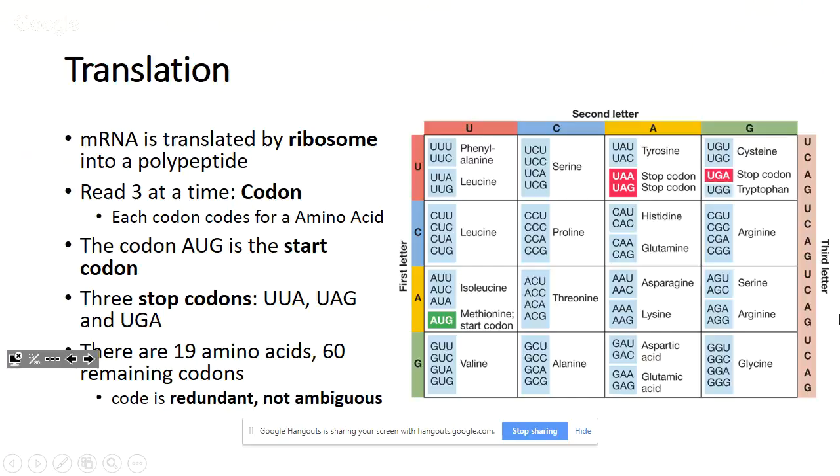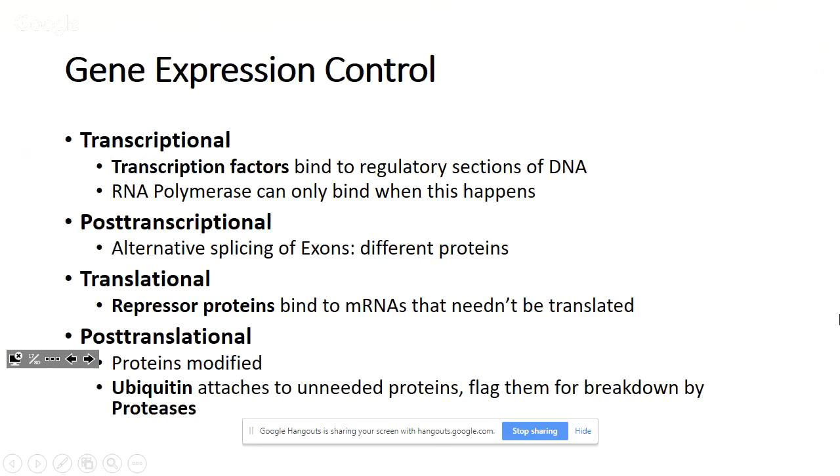This means that there's a sort of redundancy within this whole genetic system, which means you're going to have several different codons that actually code for the same amino acid, right? So that there's no ambiguity. There aren't codons that might code for one amino acid or another. There's just some sort of redundancy, which means you can have several codons that code for the same amino acid.